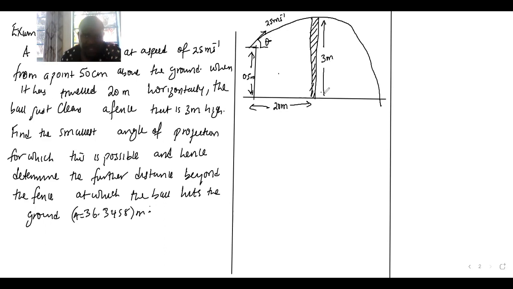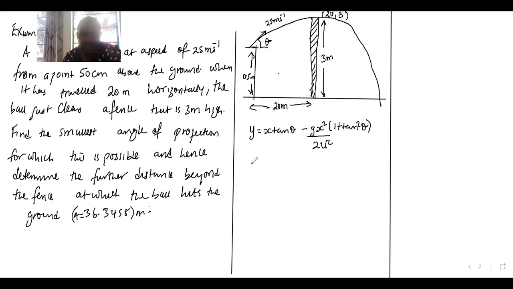Now, when you look at this position of clearing the fence, the coordinates there are 20, 3. I told you if you have the horizontal distance and the vertical displacement, the best equation to use is the equation of the trajectory, especially if they're asking you to find the angle. And I also told you that this equation is also very suitable if they're asking for the 2 possible angles of projection.